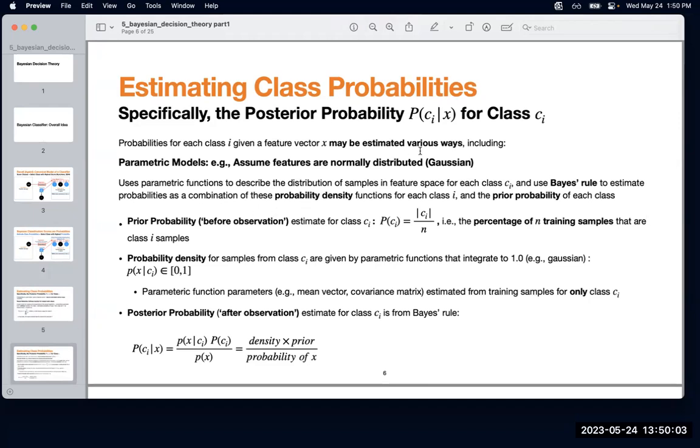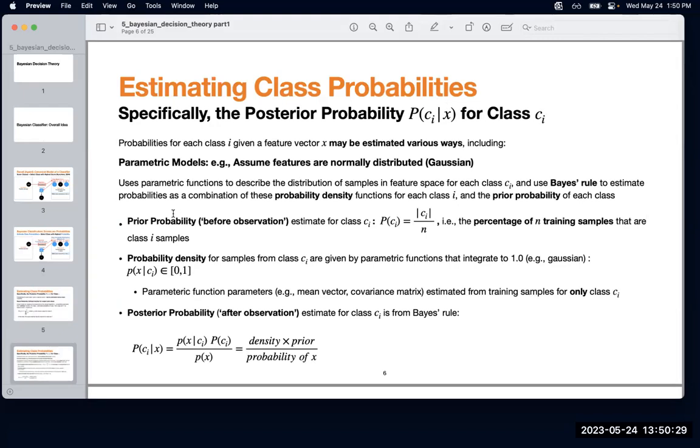We represent that usually following this terminology: we put P of C, or sometimes Y hat to represent the prediction, given that you have access to a specific input. So it's conditioned on the input.